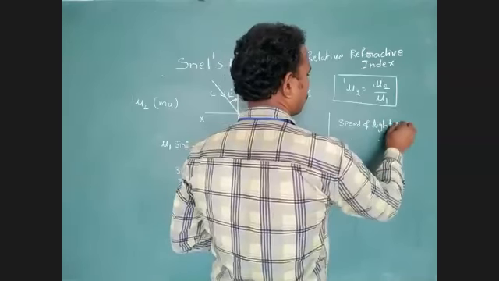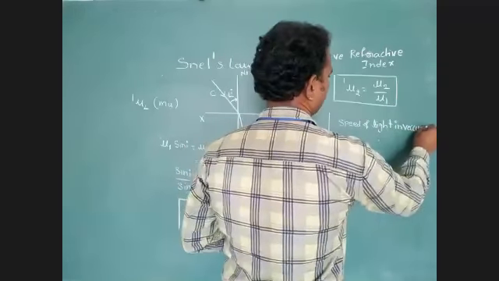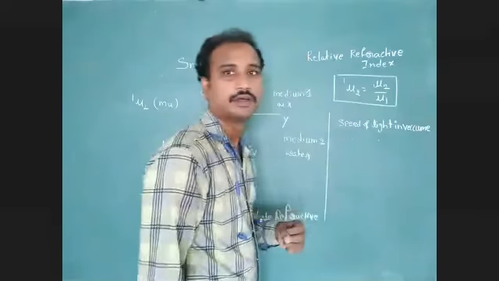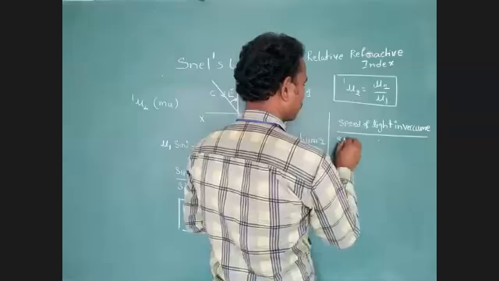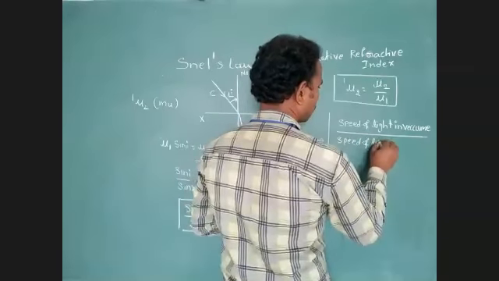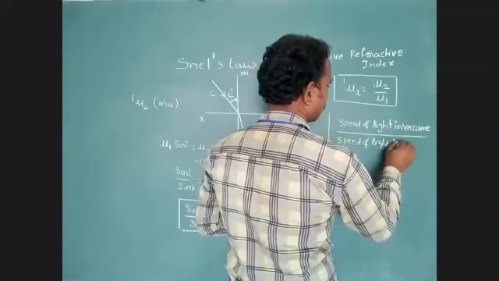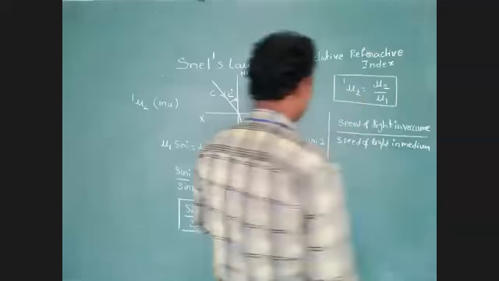Speed of light in vacuum divided by speed of light in medium. What is that medium? Water medium.